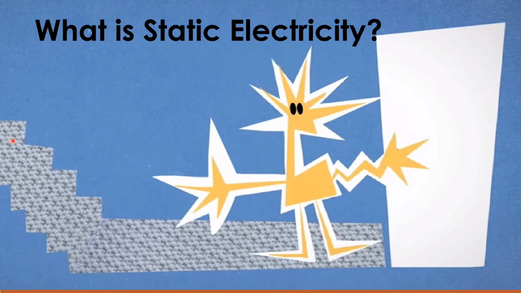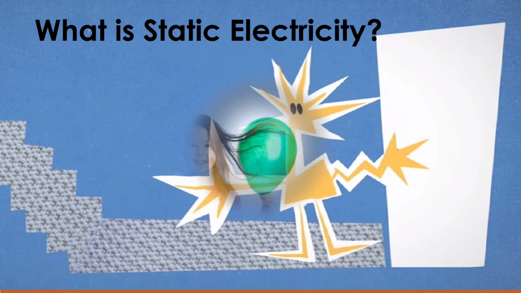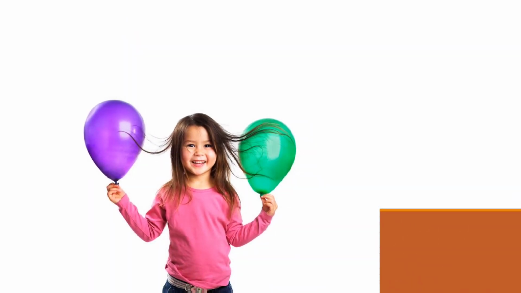Again, you may be walking on this carpet and going to the doorknob and suddenly you have an electric shock. So, to understand this one, let's talk about static electricity. Try to look at this picture.